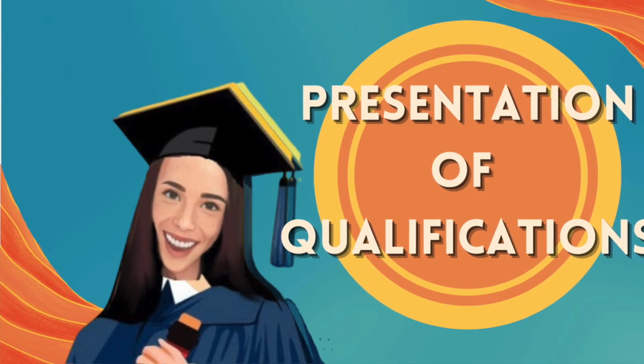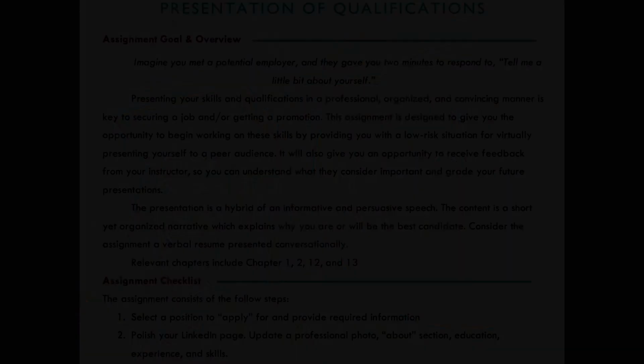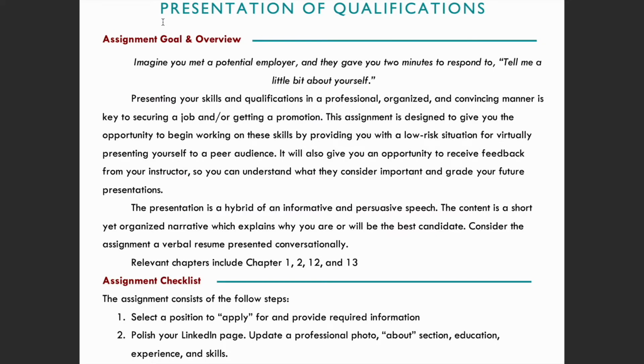So let's get started. Okay, first things first, what you're going to want to do is pull up the assignment goal and overview page of the presentation and qualifications assignment. So the premise we're using for this presentation is the really conversational, stereotypical interviewer question, tell me a little bit about yourself.